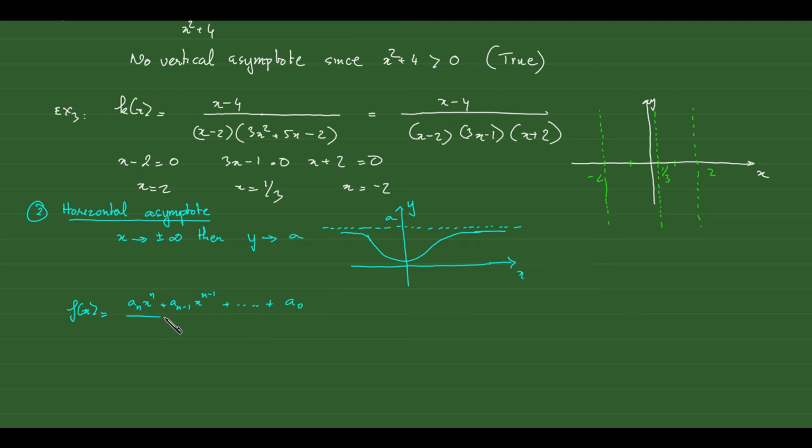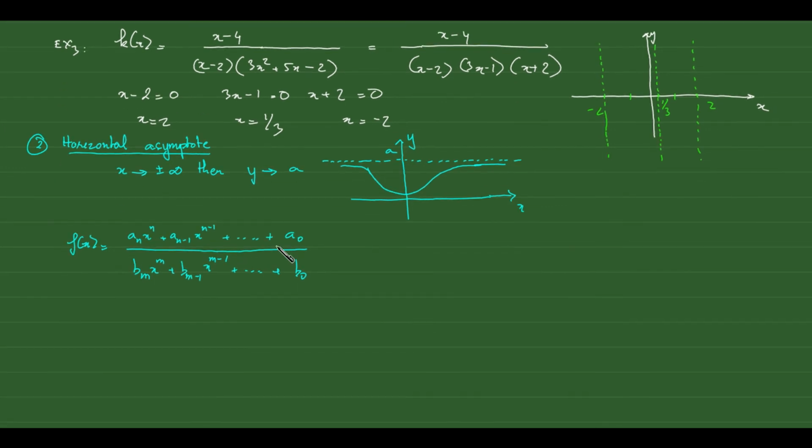And the bottom must be another polynomial, so it must be b_m x^m, let's do m, because n and m are different degrees, plus b_(m-1) x^(m-1), plus dot dot dot, plus b_0.